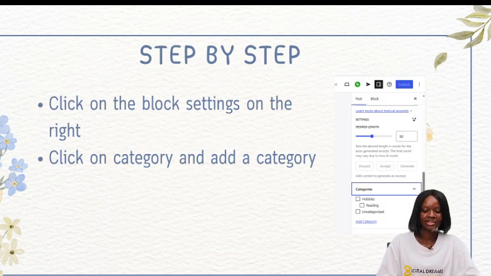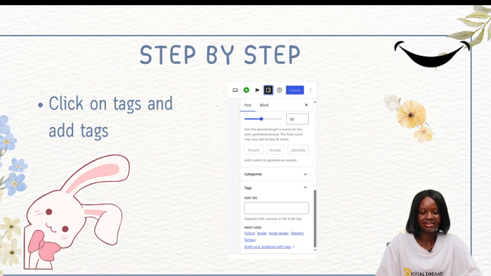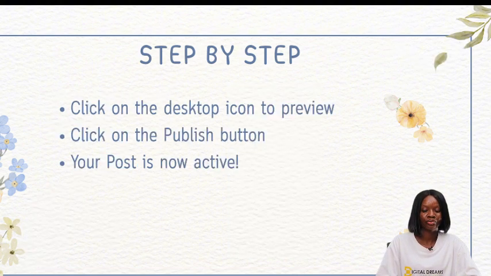You click on category and add a category. Then you could click on tags and add tags. Then you click on the desktop icon to preview your blog post. You click on the publish button and your post is now active.